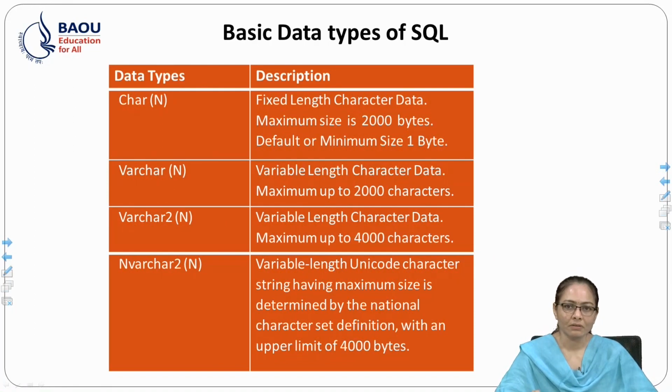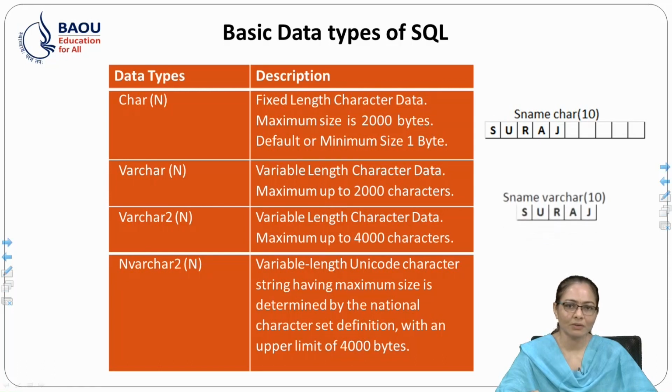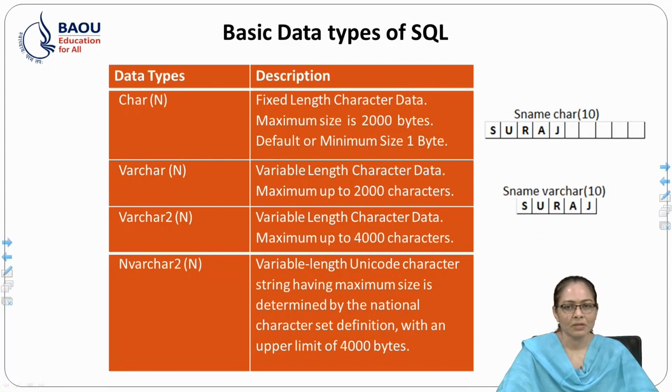Now first of all, what is fixed size and variable size? For example, take the student name column with the size CHAR(10). If we store a 5-character name like Suraj in CHAR(10), then the remaining 5 character space is not free, but it allocates blank space in the memory.